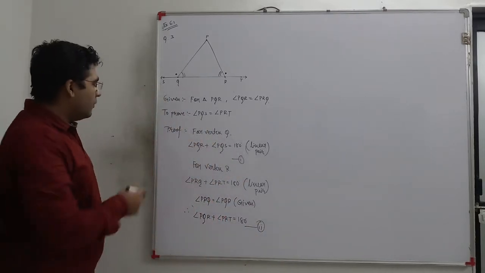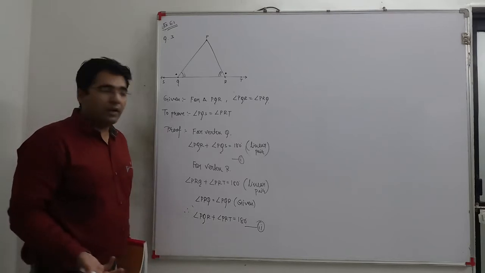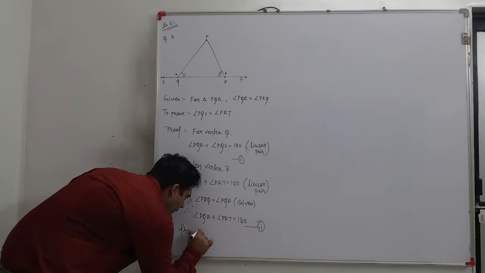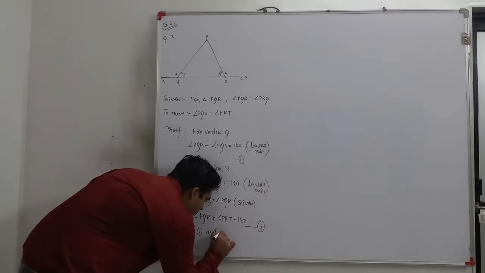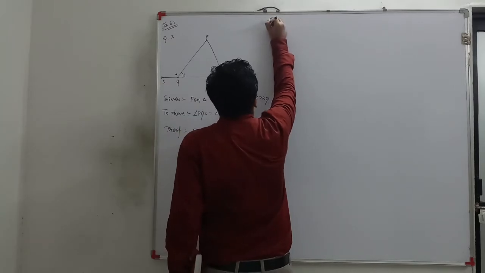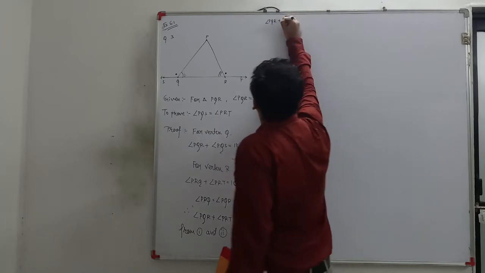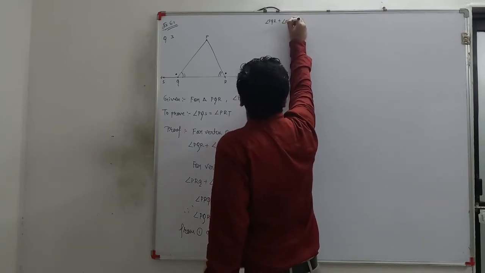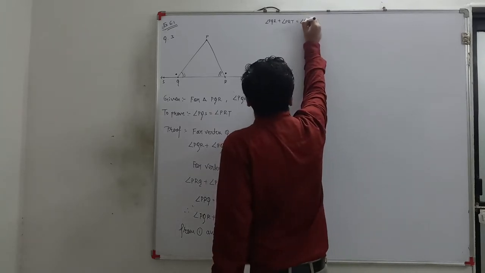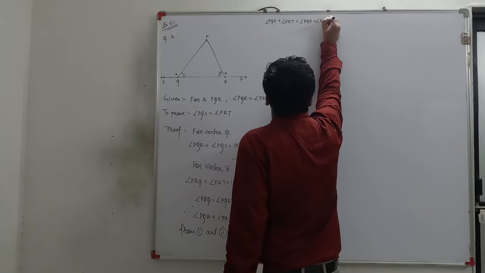Now see, in 1 and 2, both right hand sides are equal, therefore the left hand sides are also equal. So from 1 and 2, I got that angle PQR plus angle PRT is equal to angle PQR plus angle PQS.